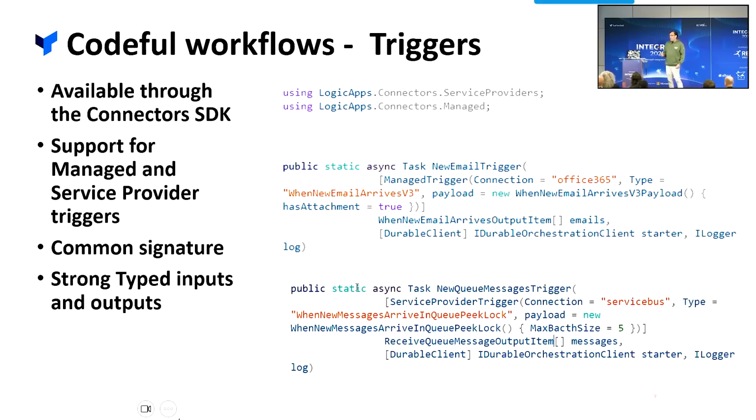So if you look a little bit at the components that I just showed, triggers and actions and connectors in general are going to be provided to you in a connections SDK, right? And the way that you're organizing that is you have your service providers and your managed connectors. We discussed internally whether, if you have a service provider and a managed one, we should only give you one of them.